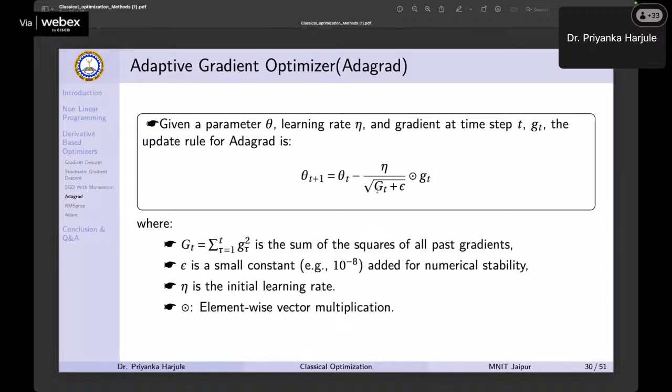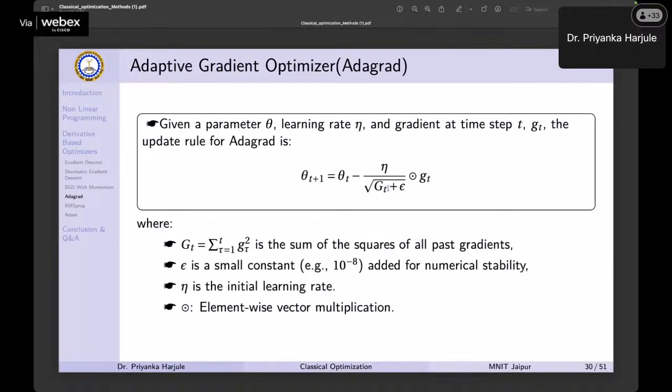The capital Gt is the sum of squares of the past gradients. It accumulates over time, increasing for parameters with large or frequent gradients, and at the same time for rare parameters it keeps the learning rate relatively higher.